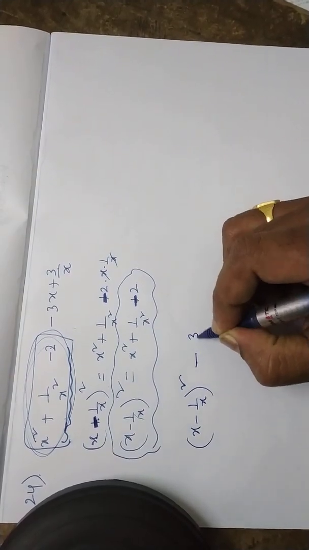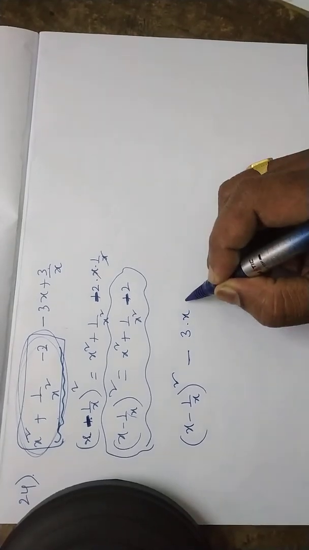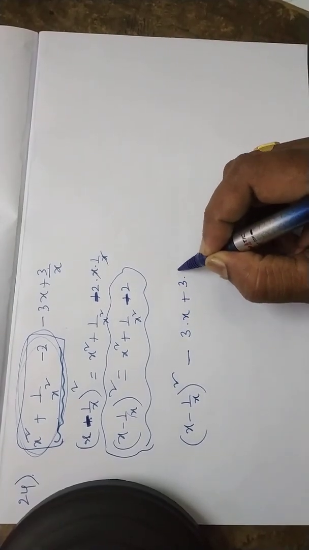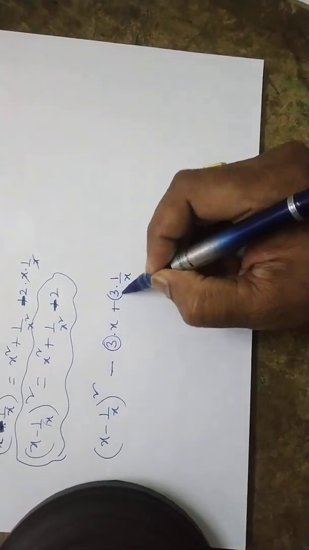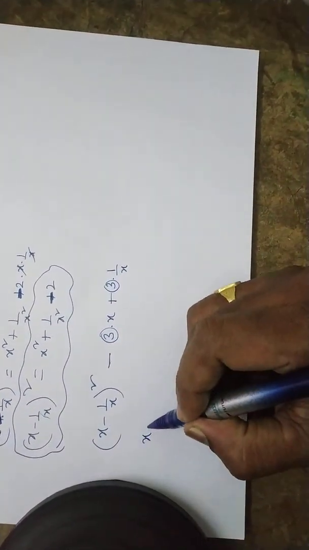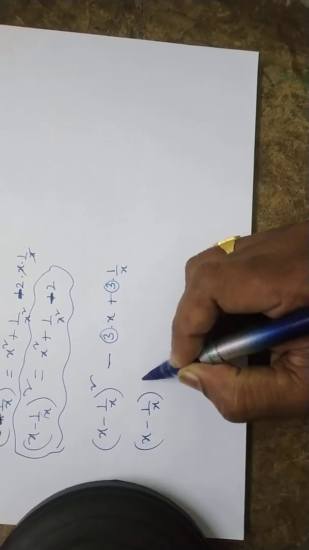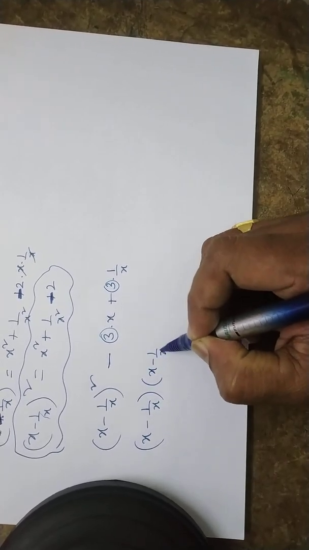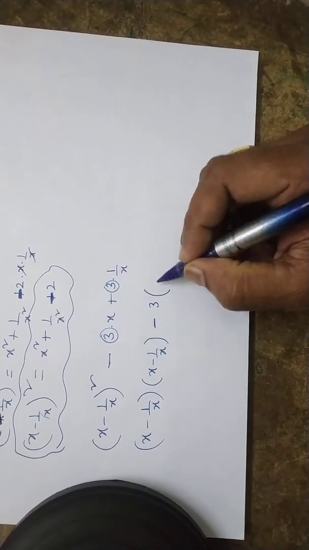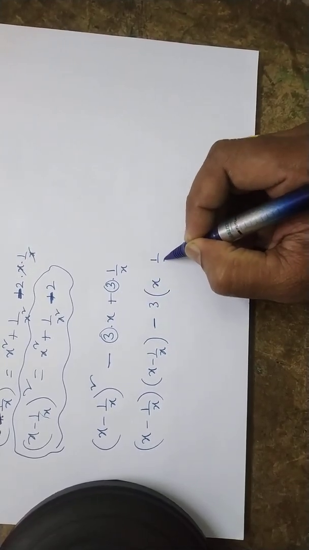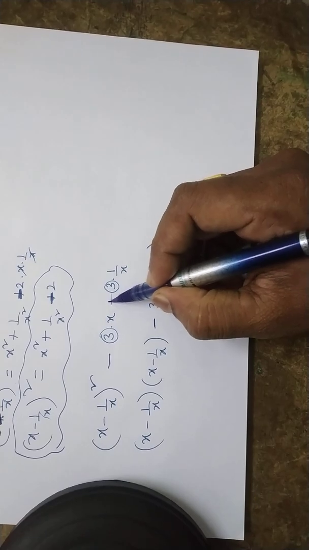Okay, minus 3 into x plus 3 into 1 by x. So now 3 is a common factor here, and here you can write x minus 1 by x 2 times, because it is a whole square. As you take 3 as a common factor, x and 1 by x will be left out here because the plus sign is there.